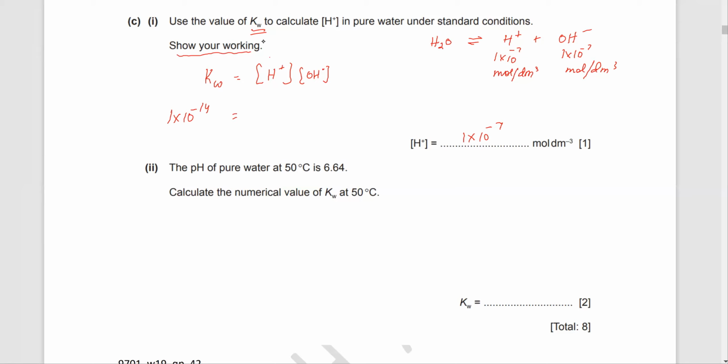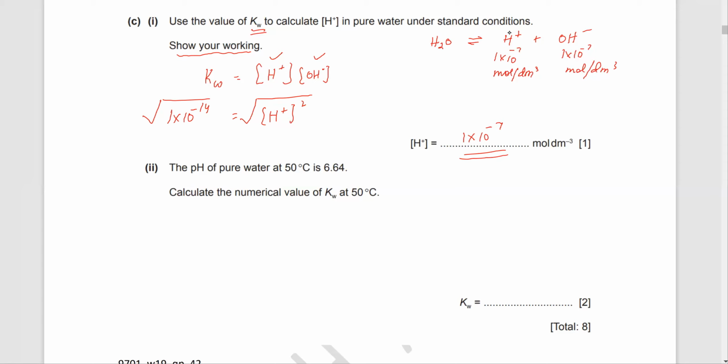Because both of the ions in pure water would be present in the same quantity, you can write this expression as H plus squared. And you can show your working that you're taking the square root of both sides to get 1 times 10 power minus 7.